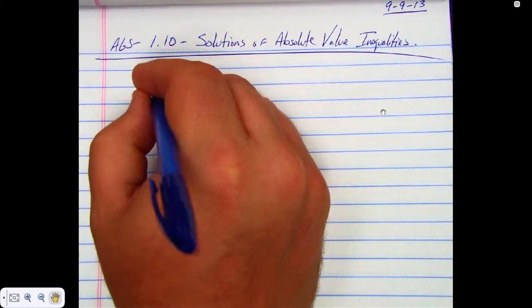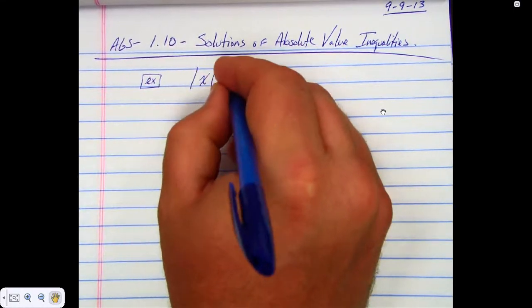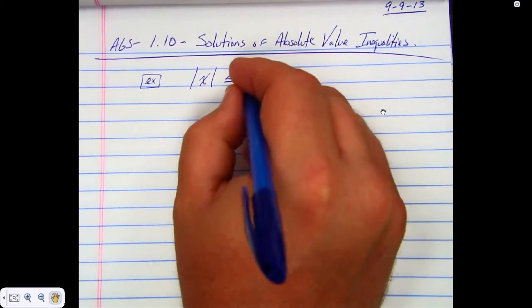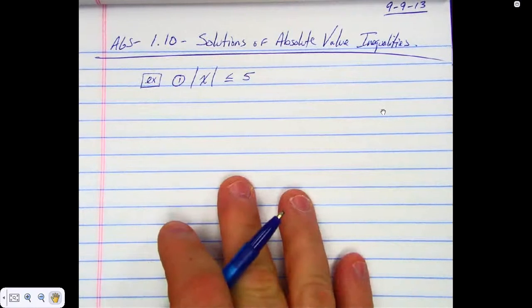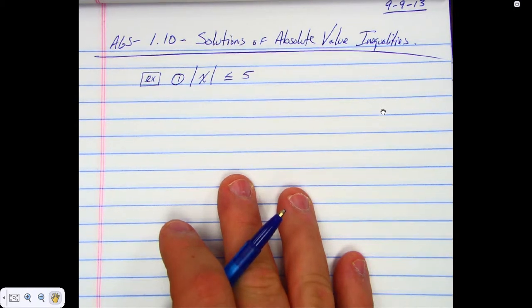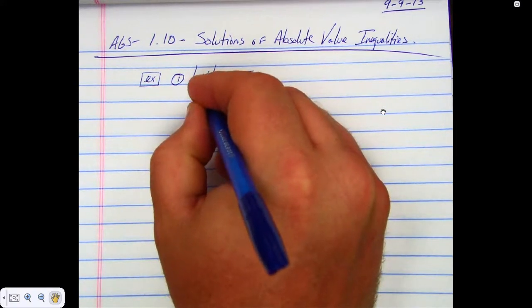We're going to start with some examples. The absolute value of x is less than or equal to 5, let's say. Basically, you have them like this.